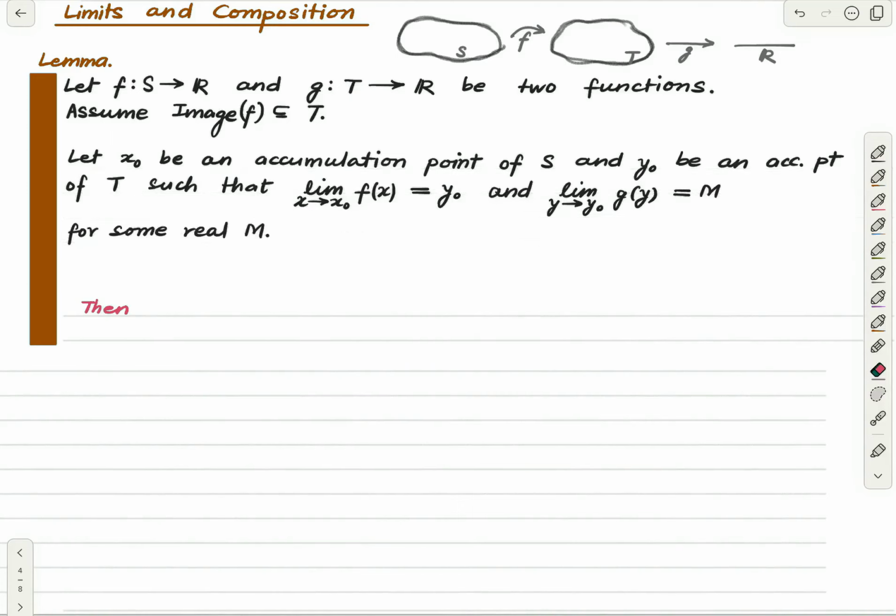Then the limit of the composite function as x approaches x naught exists and is equal to m.